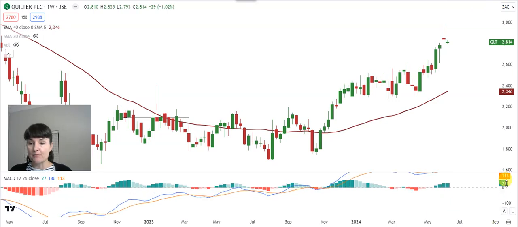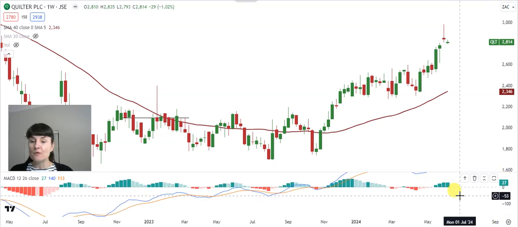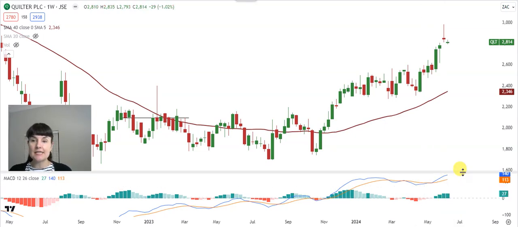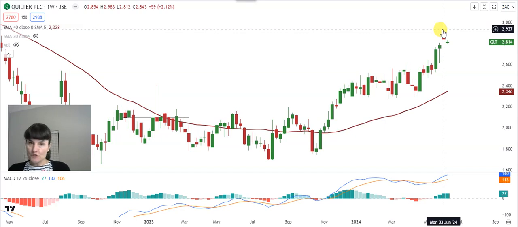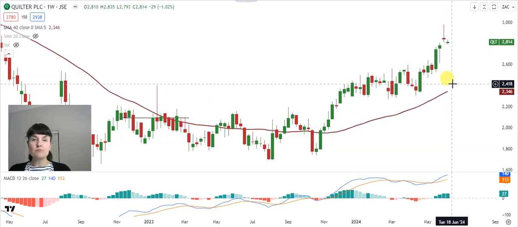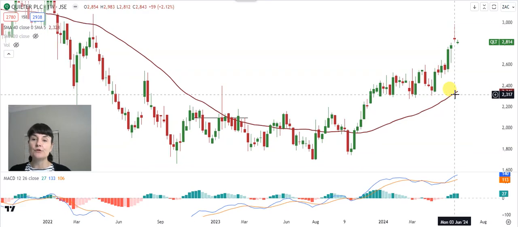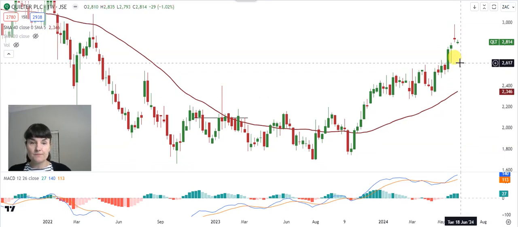On my MACD, the bullish trend is still in place. Beautiful green bars, and my two moving averages, the 26 and 12, pointing nicely upwards. So it might be a small pullback, a little bit of profit taking from the traders, and then maybe some upside again. But you can use any other candles or other horizontal lines, Fibonacci levels, to identify support and resistance levels.